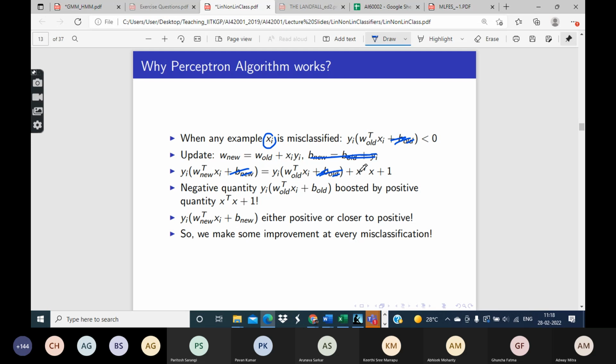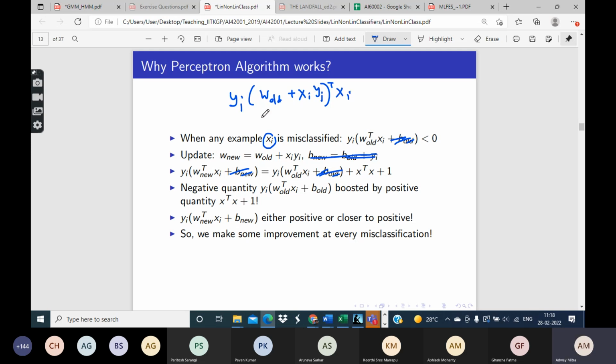You can check the calculation here and you'll see this is indeed the case. There is Yi into W old plus Xi Yi, transpose Xi.